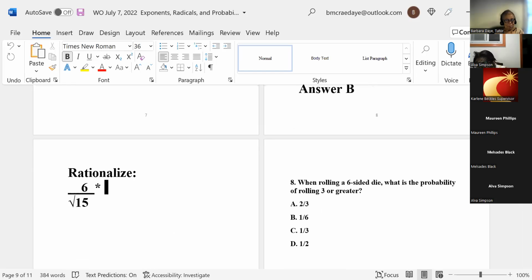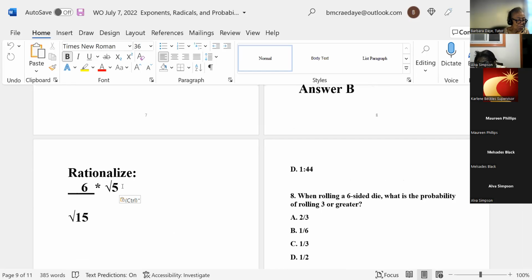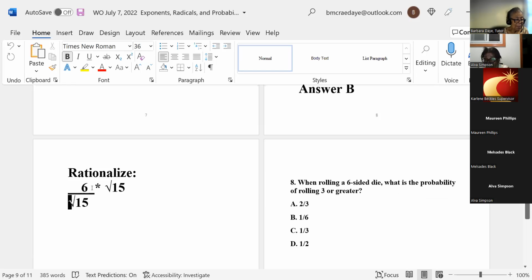You're going to multiply it by the denominator. That's right, multiply it by the square root of 15, right? Yes. So that's going to be square root of 15. And then I multiply the denominator by the square root of 15. Put the square root of 15 under it.